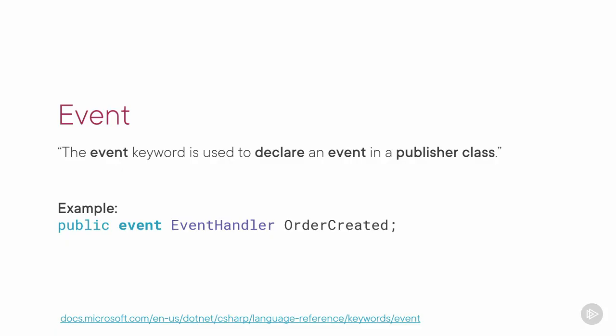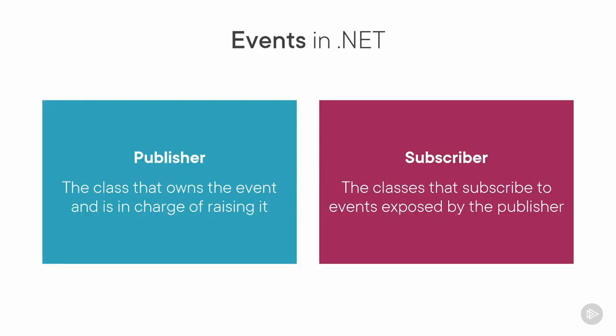We are going to introduce a new keyword called event. And all of the knowledge about delegates is definitely necessary to completely understand how events operate. When you talk about events, there are two important parts of this pattern: the publisher and the subscriber.